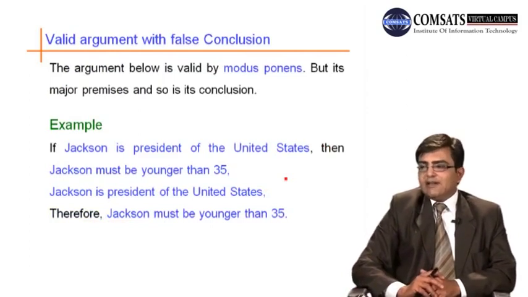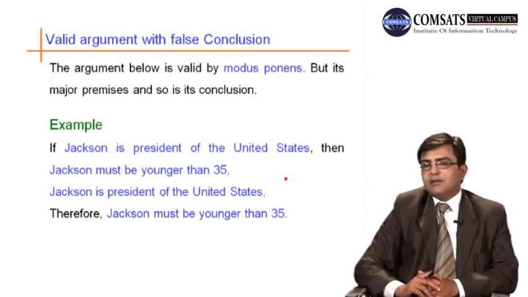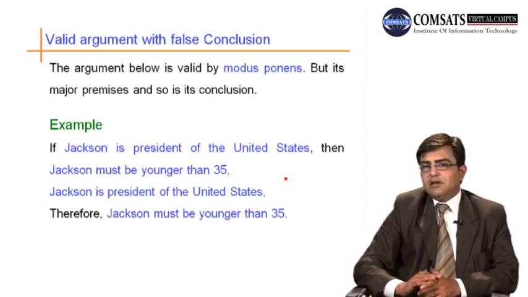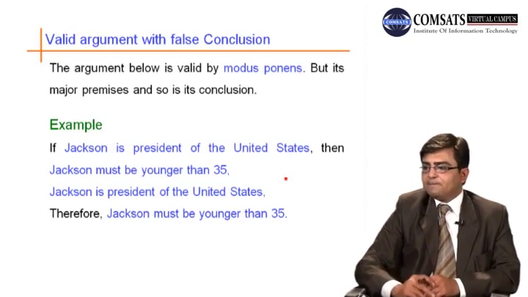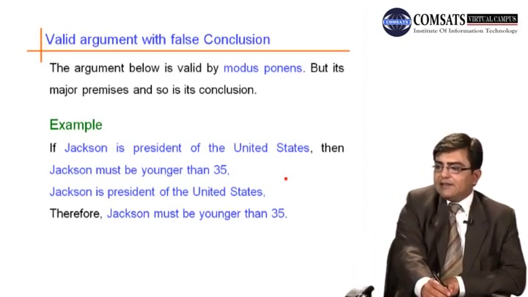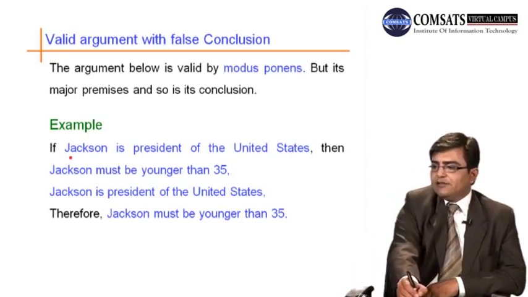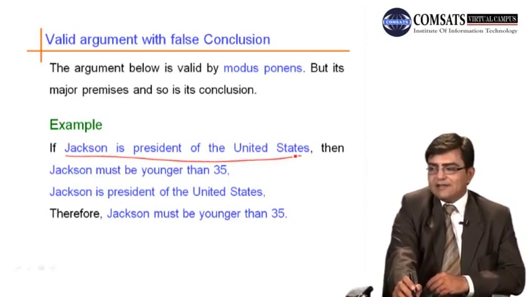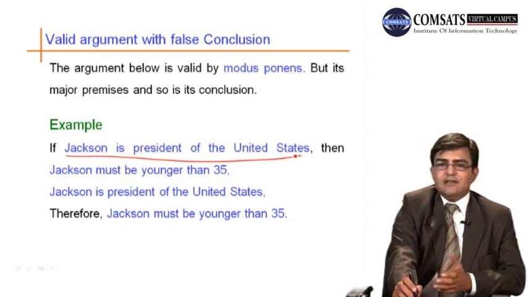The next is valid argument with false conclusion. Sometimes you see some valid arguments, but in real life the conclusion is false. For example, if Jackson is a president of the United States, Michael Jackson is a president of United States, basically in real life this is wrong.